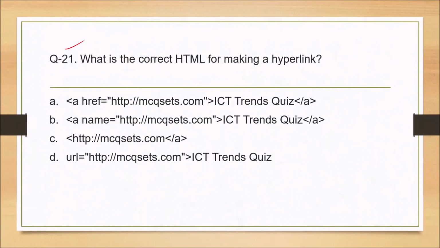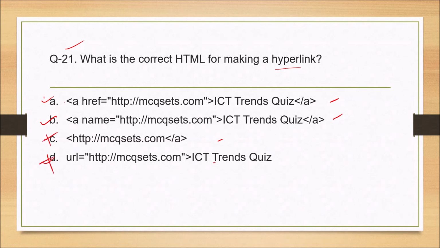What is the correct HTML syntax for making a hyperlink? And the options are A, B, C, and D. Here you can see in these 2 options A and B we have the anchor tag. In these 2 options we don't have the anchor tag, so directly you can eliminate.